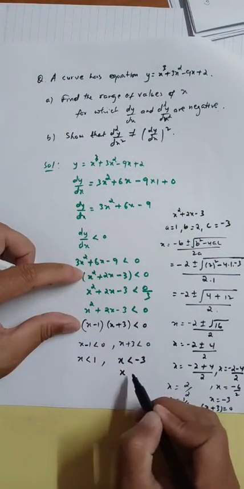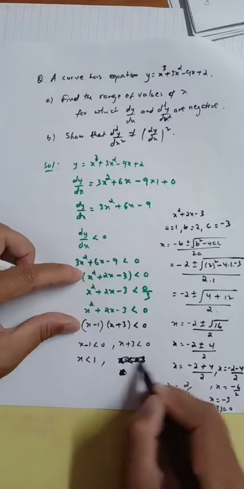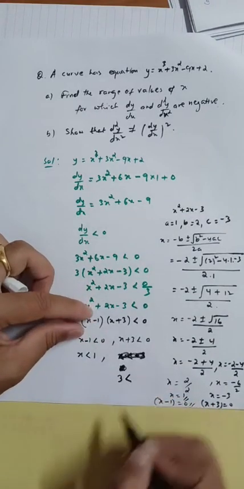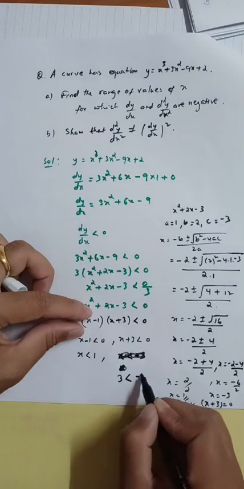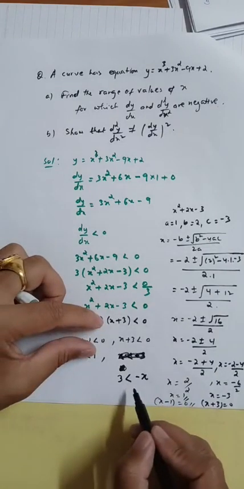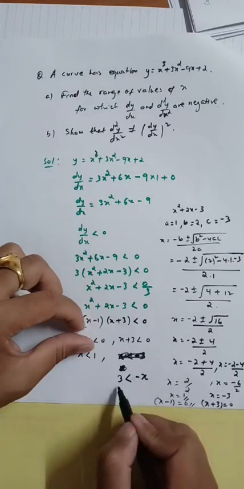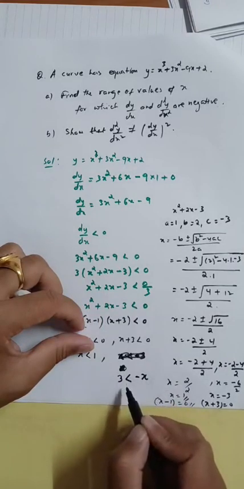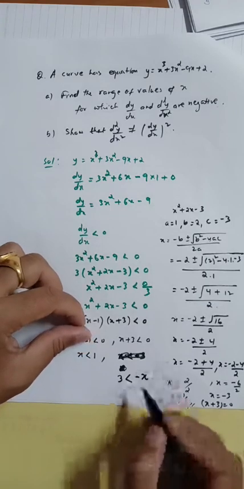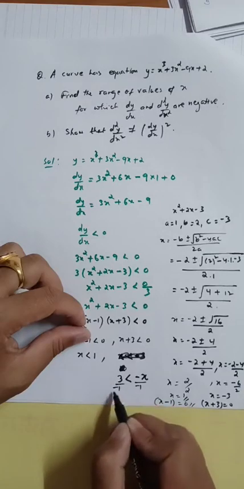If you have negative x, you need to multiply by negative. Multiplying by negative and dividing by negative 1, 3 divided by negative 1 is negative 3.